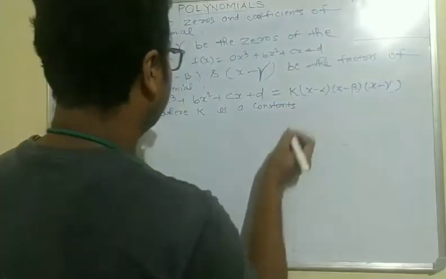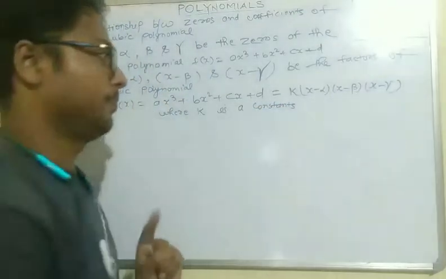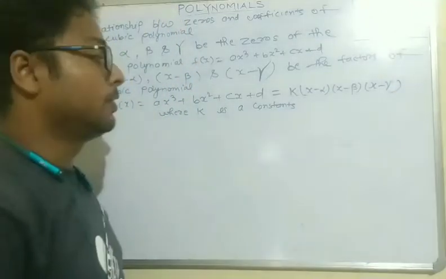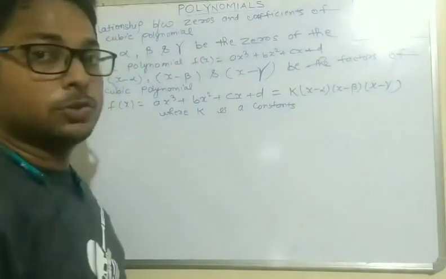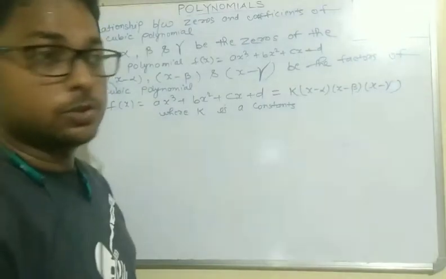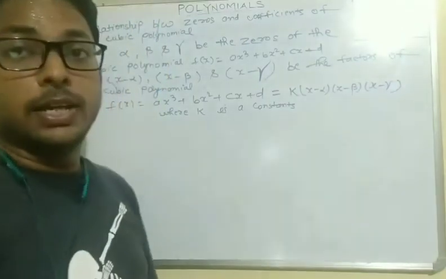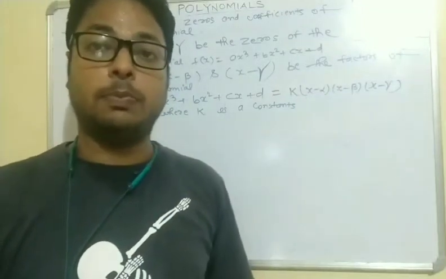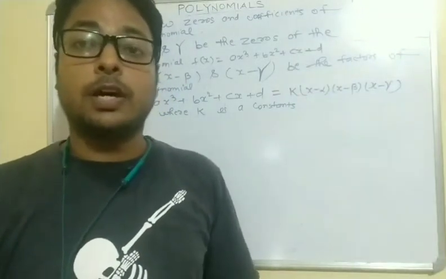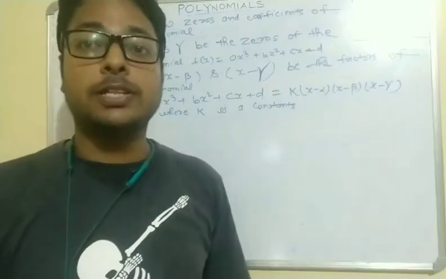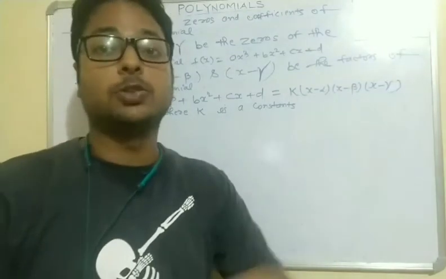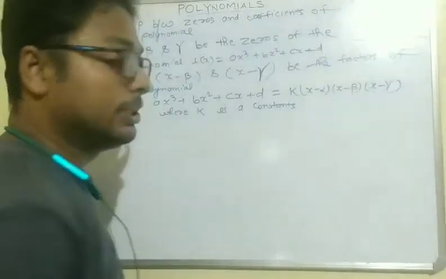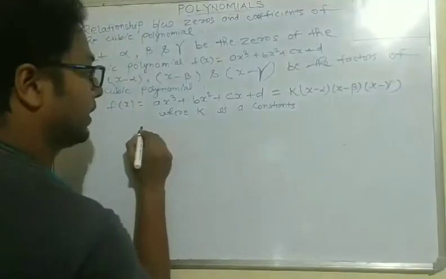It depends on the coefficient of x cube. Now I am expanding this and finding the sum of zeros and product of the zeros of the cubic polynomial. Here there will be three results: sum of zeros, sum of product of the zeros taken two at a time, and product of the zeros. I am expanding it.